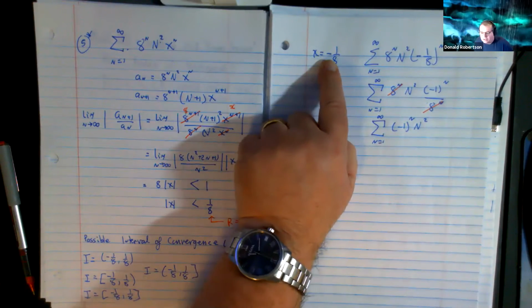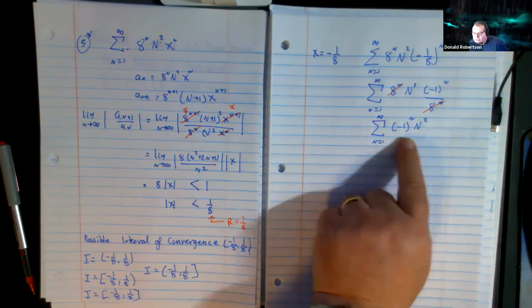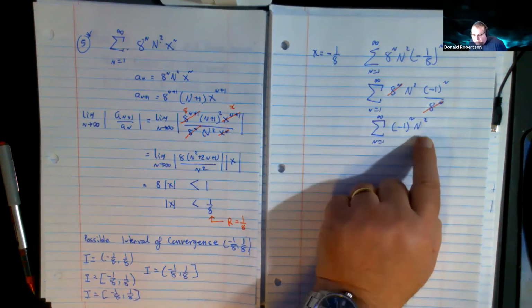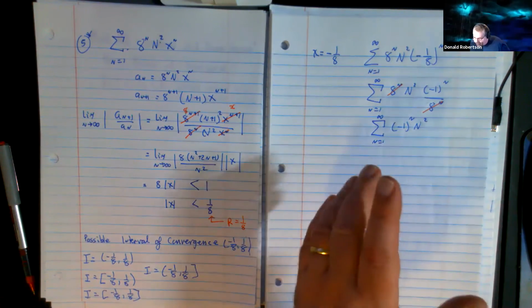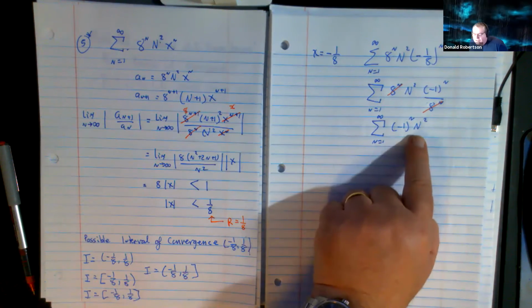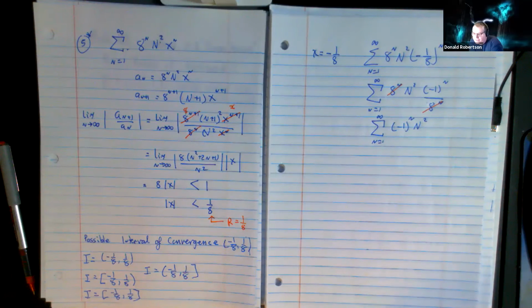When x is -1/8, this is the series that you would get. In many of these endpoint checks, this is an example of it, the series that you get can be pretty obvious if it's going to converge or diverge.